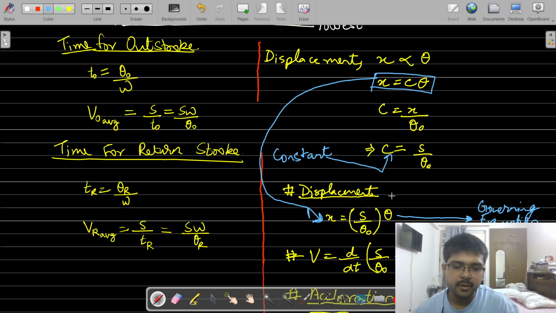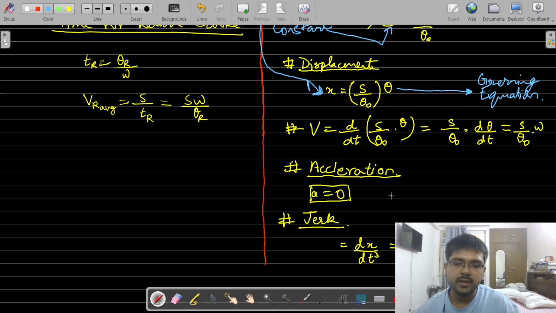So that is displacement. Now velocity, how will we get velocity? We get velocity by differentiating the displacement with respect to t. So we have s by theta naught into d theta by dt.